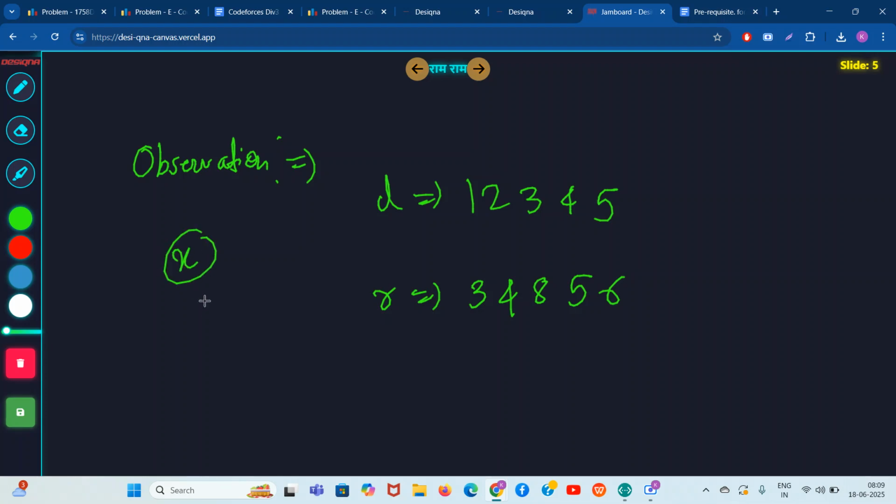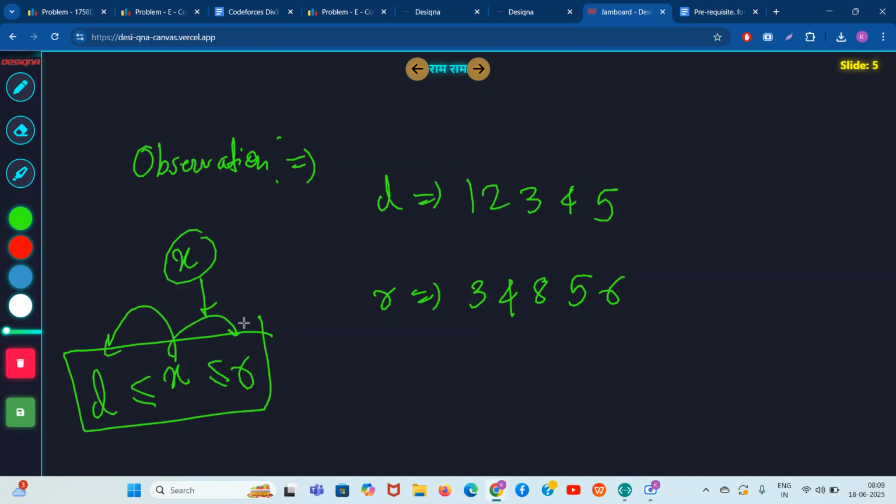Can you get an X such that X is a number from L to R? And also, one more thing which we need is that there should be no common digits. There should be as few common digits as possible between X and L and between X and R. If you can achieve that, guys, your task is done.